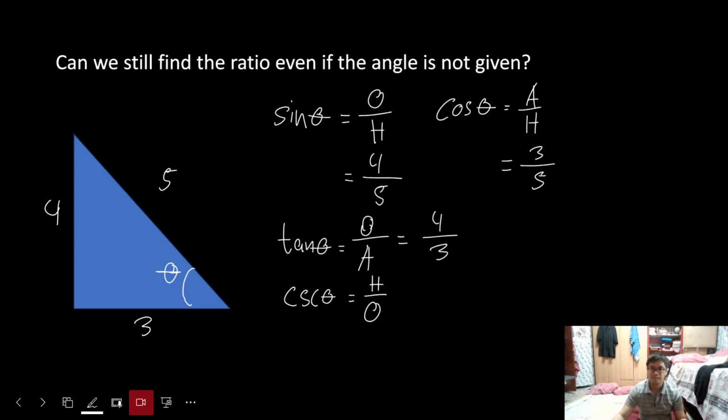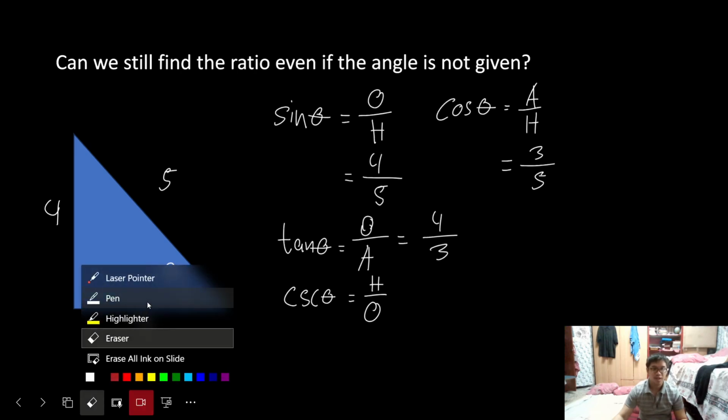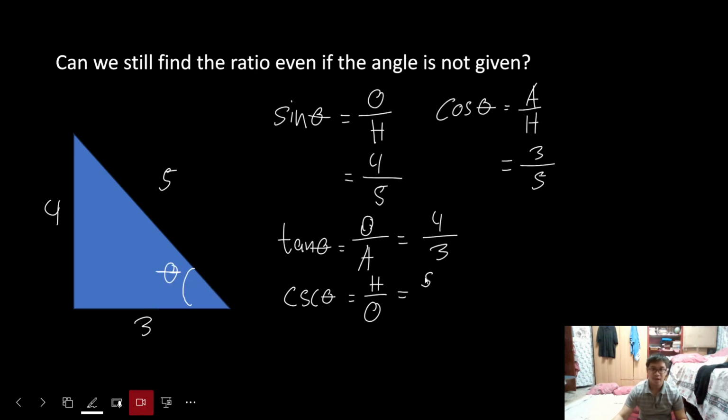Basically, it's just the reverse of sine theta. So just substitute, and you will have 5 all over 4. Now for your secant theta, you have hypotenuse all over adjacent. So your hypotenuse is 5, your adjacent is 3.